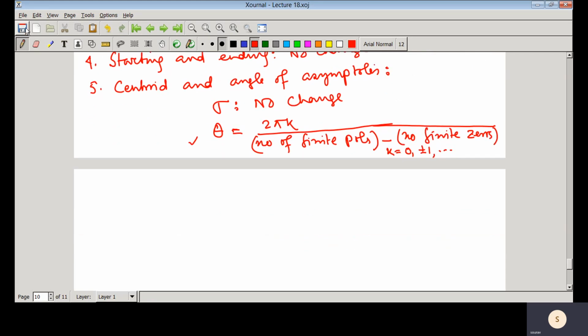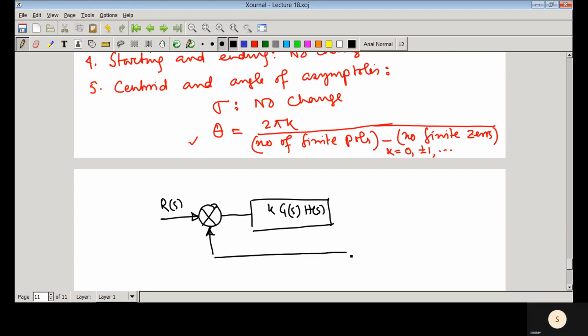What is its application? So you can see that the application of this particular concept, say suppose we have one closed loop system, and this is that gain k, and this is the reference command. It's a negative feedback.